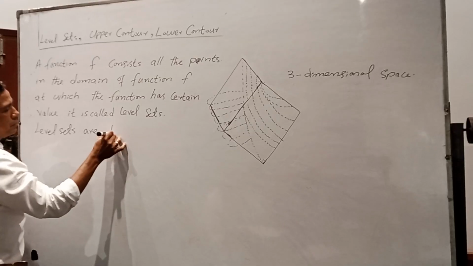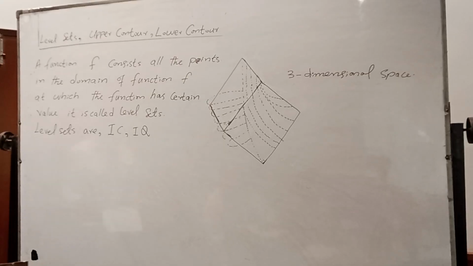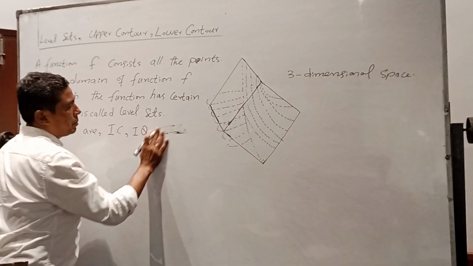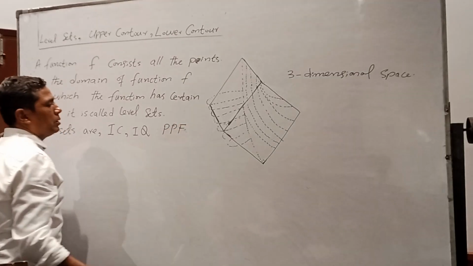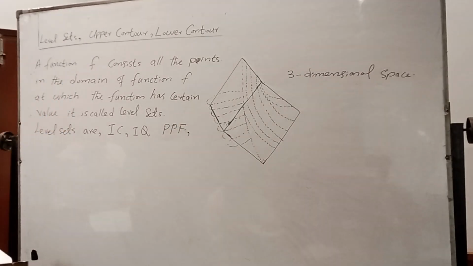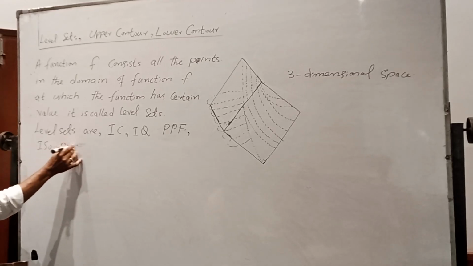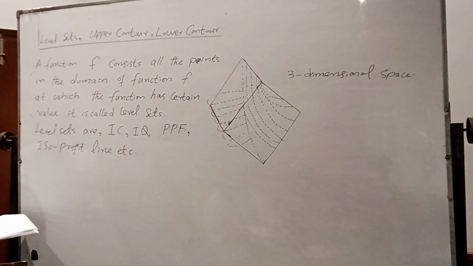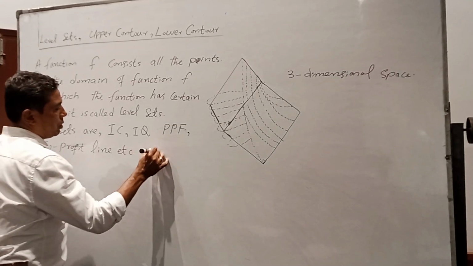Level sets are IC, IQ, isoquant, production possibility frontier, PPF, ISO profit line, etc. Or the budget line.